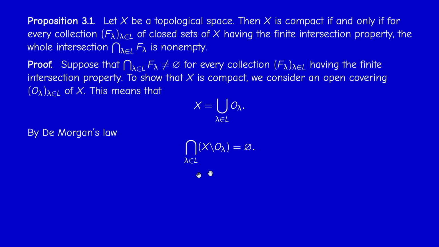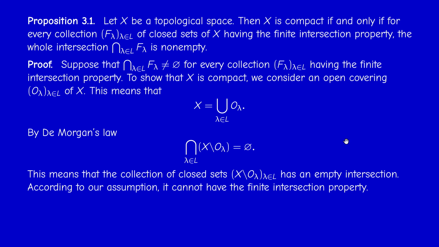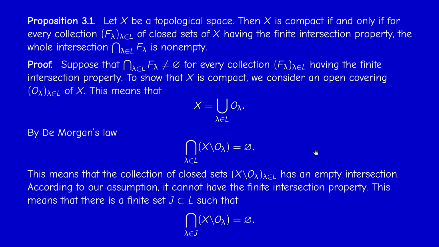So the whole intersection of the F_lambda is empty. Therefore, according to our assumption, the collection F_lambda cannot possess the finite intersection property. And therefore, there must be a finite subcollection whose intersection is empty. It's by contraposition. So there is a finite subset J of L such that the intersection over lambda in J of F_lambda is empty.